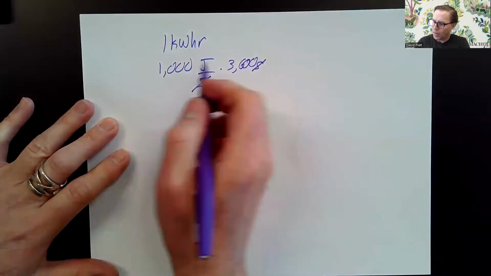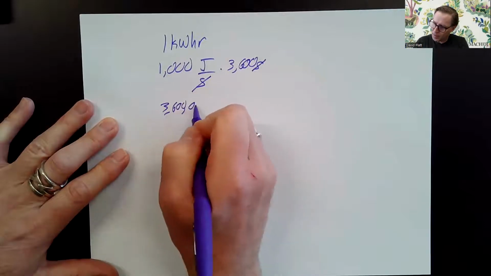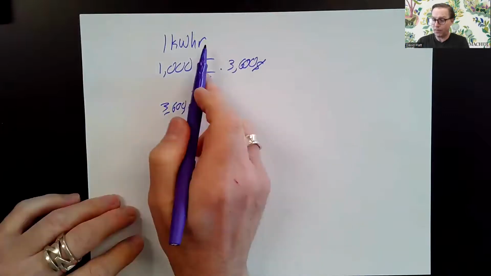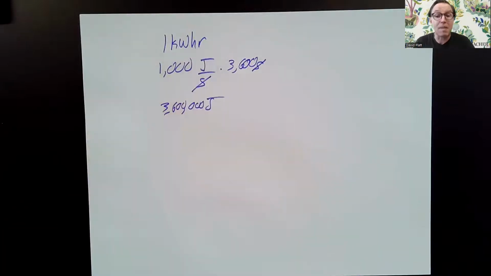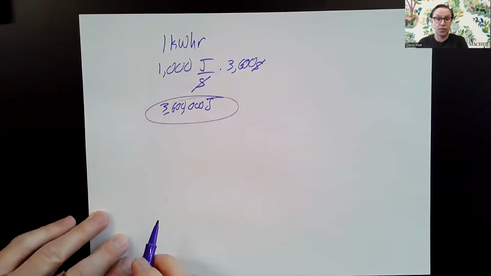A kilowatt hour is really 3,600 times 1,000, which is 3,600,000 joules. A kilowatt hour, believe it or not, is an amount of energy, and it's 3,600,000 joules.